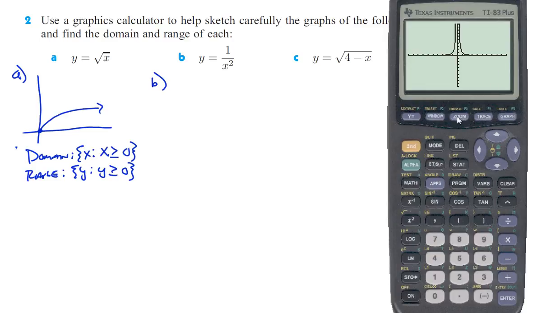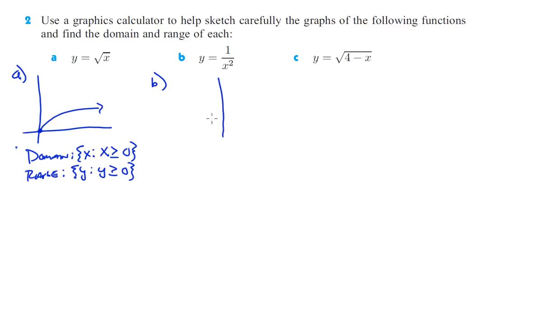And if you want to know, you can always zoom in. If you push enter the first time, nothing happens, but you push it again and it'll actually zoom in. So now you can see that the graph is coming down and getting closer and closer to 0.